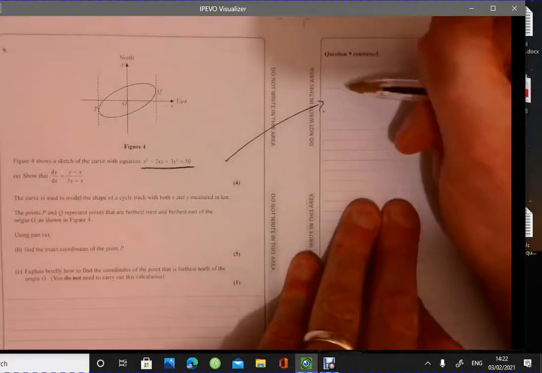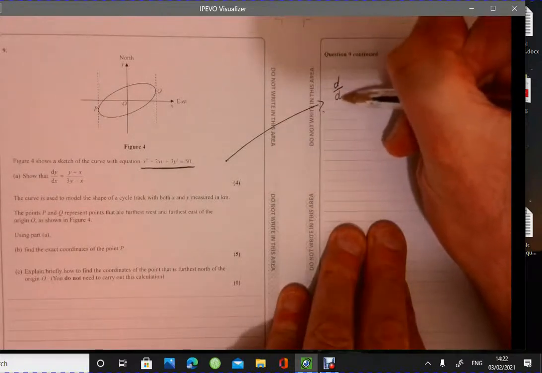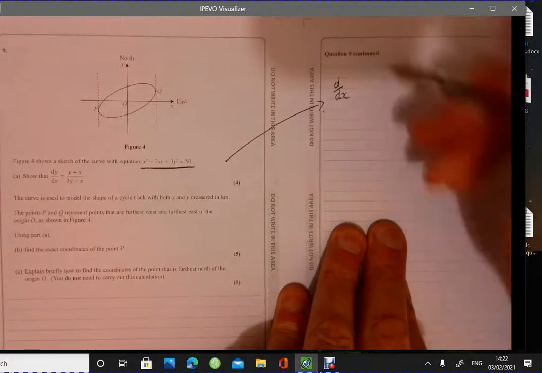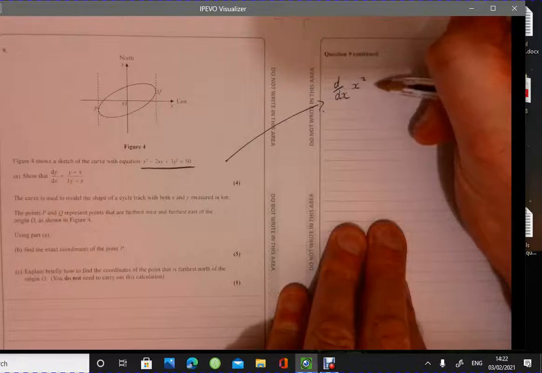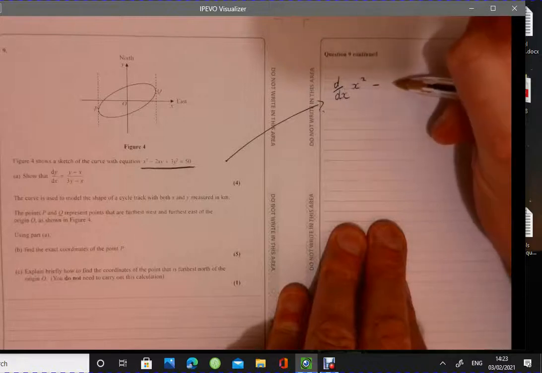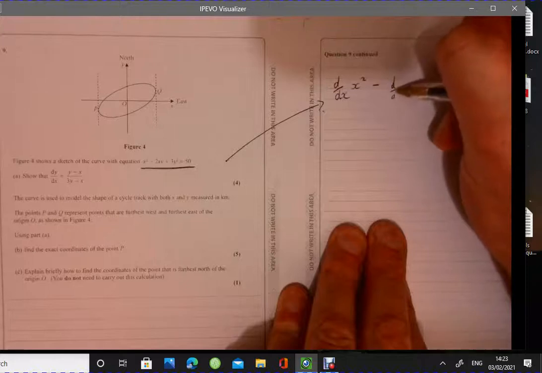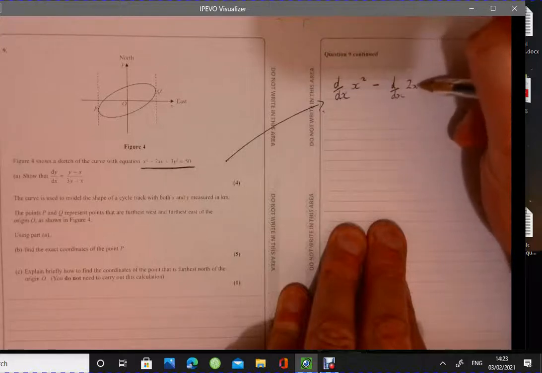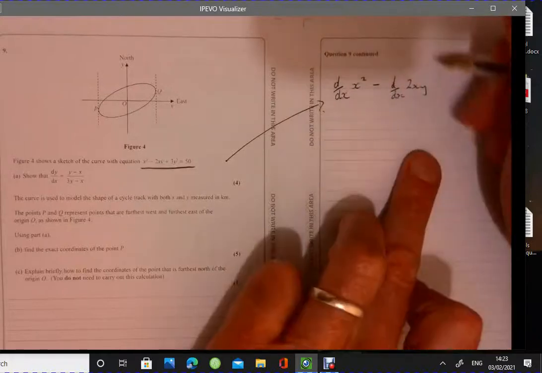So how do we set this out? It's going to look like this. We think about just differentiating with respect to x. So what I'm going to do is write down each term as we go. I'm not going to try and do anything straight away, just set it out to see how we're going to work this through.